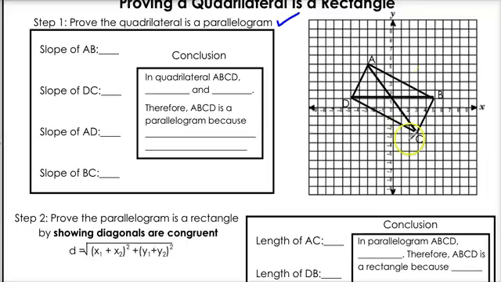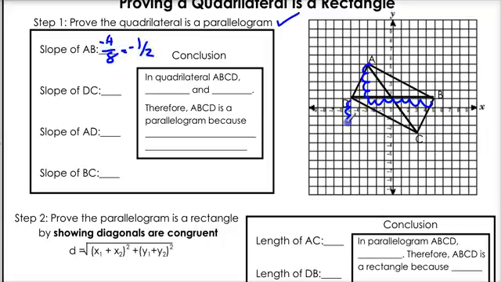So if we want to prove that this guy, ABCD, is a rectangle, first we're going to prove that it's a parallelogram. Right? So we need the slope of AB first, and then the slope of DC. And you might remember, you could just count it or use the slope formula, but I'll tell you, if you count, you'll get negative 4 over 8, which reduces to negative a half. And guess what?